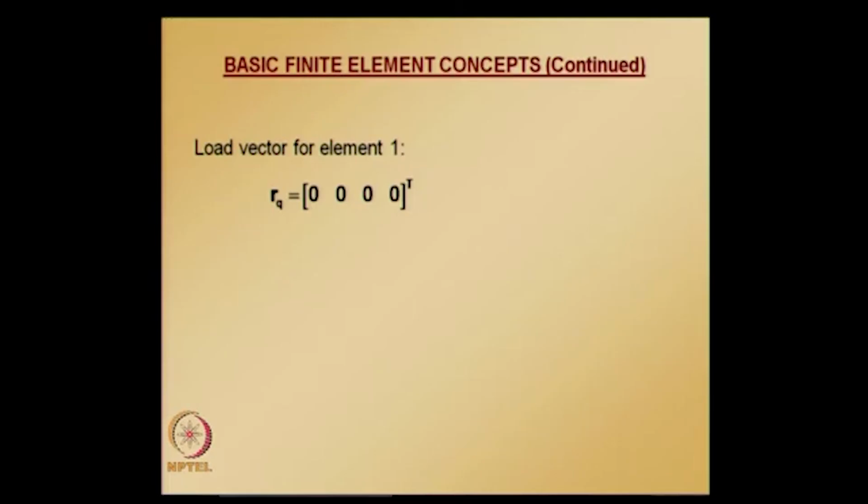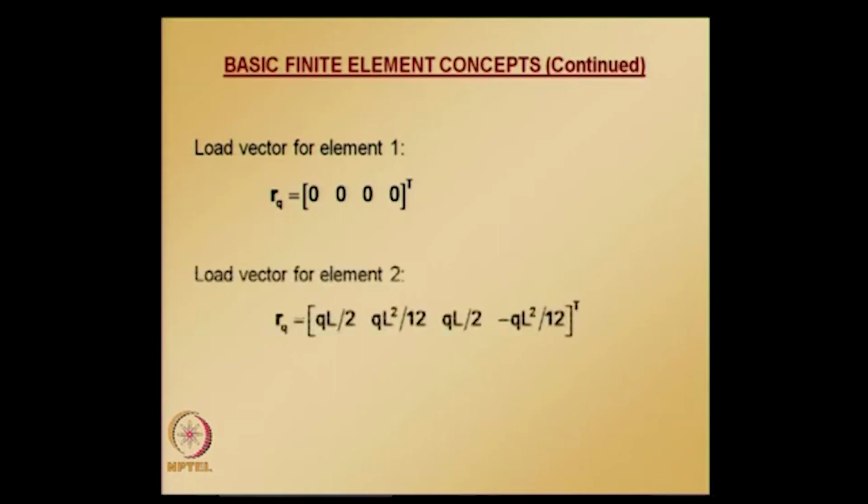Element 2 has a distributed load of 20 kilonewton per millimeter and its length is 200 millimeters, so we can obtain the load vector for element 2 by substituting into the formula that we developed for the case of uniformly distributed load.